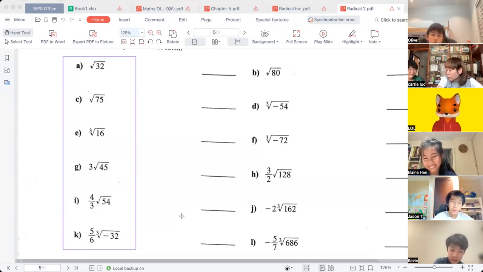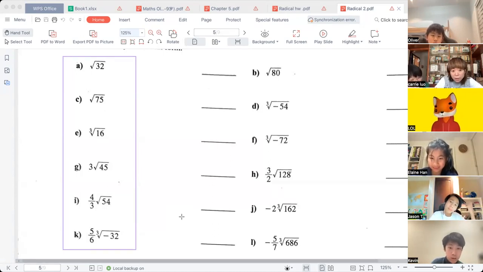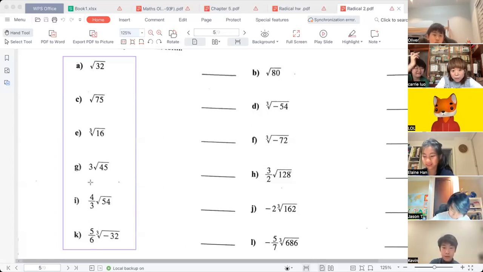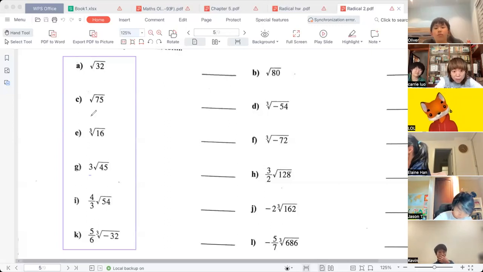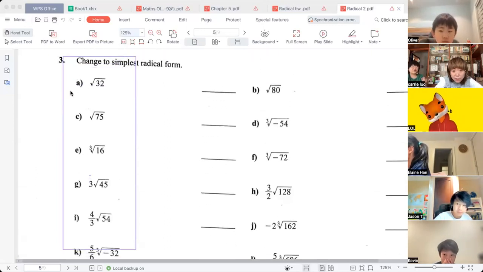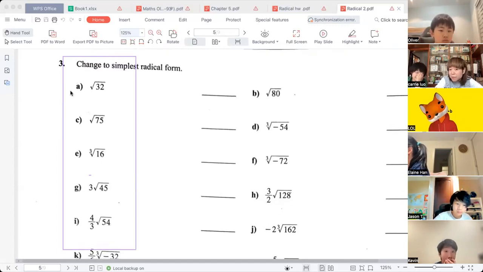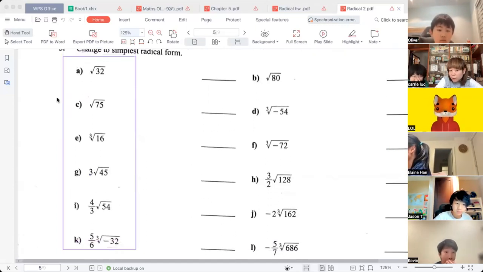My question is, do you put the 3 in or do you leave it there? 是我刚才解释过。他们都把这个3要拿出去，我现在是要 simplify，不是放回去，是放出来。题目有没有看清楚了？You just scroll down. Change to simplest radical form. Okay.